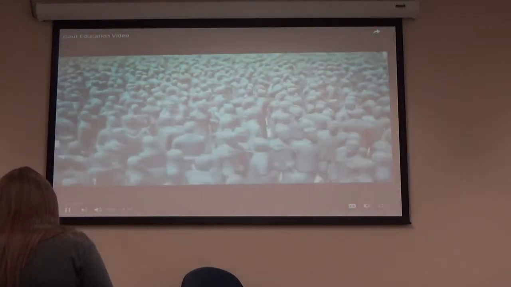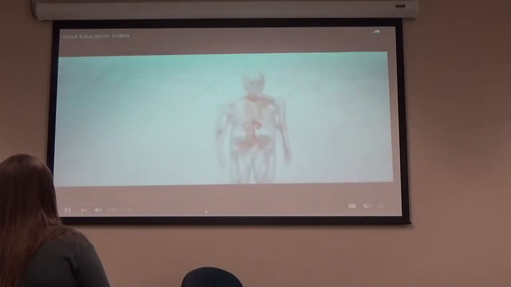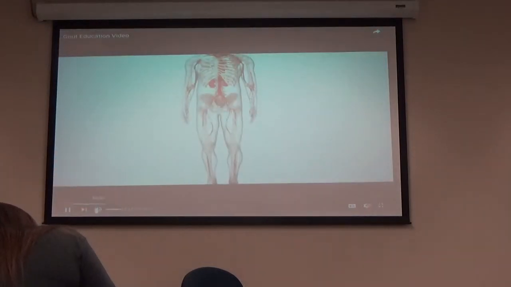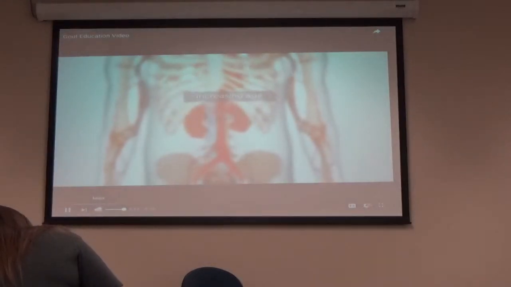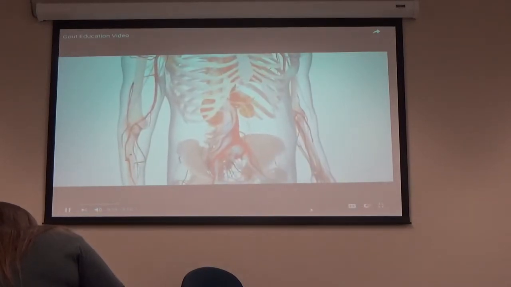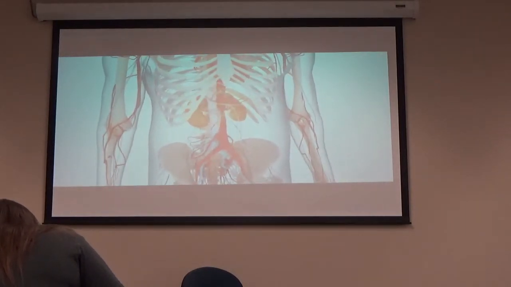Gout is a chronic crystal deposition disease that is the most common inflammatory arthritis. Incidence of gout is rising. This is potentially due to trends such as increasing age, obesity, and lifestyle factors. In most patients, gout is caused by inefficient renal excretion of uric acid.